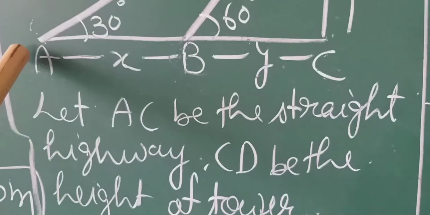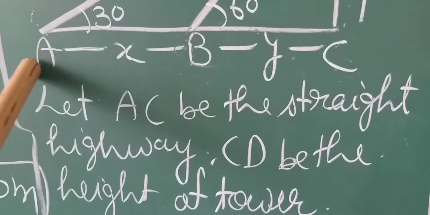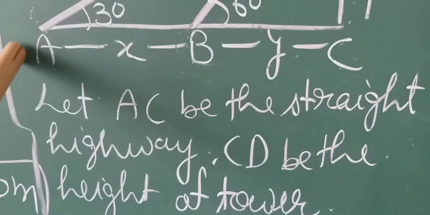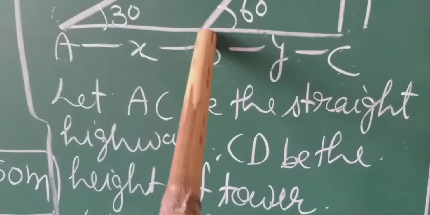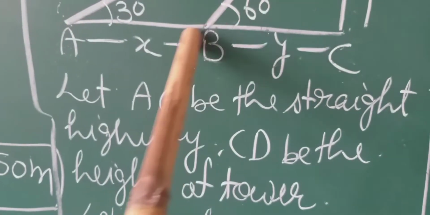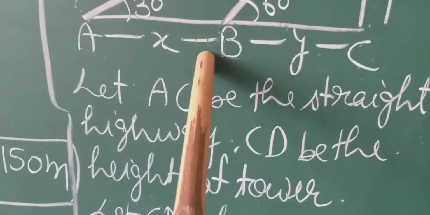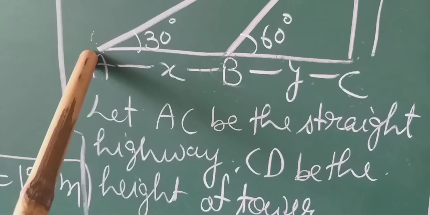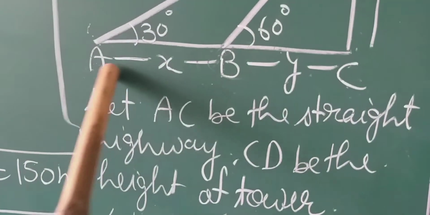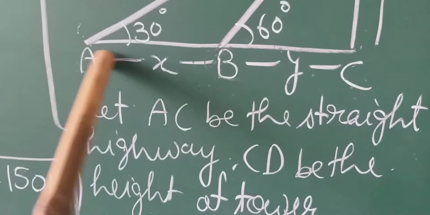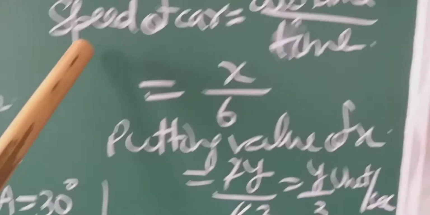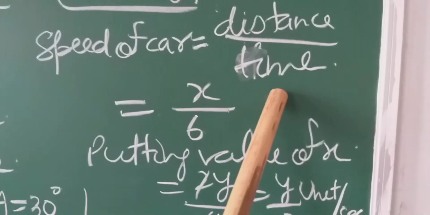Correct? And you know, the car was at point A and after 6 seconds it reached point B. So in 6 seconds, the car covers the distance x unit. So let us find the speed of the car. Speed of car equals distance upon time.